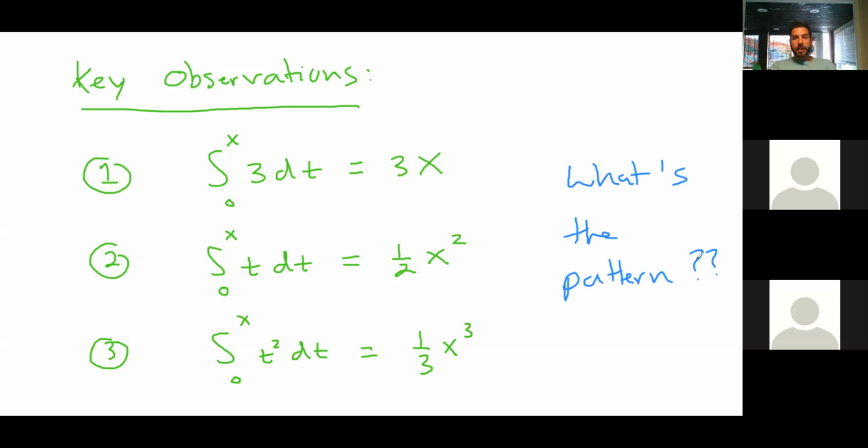Well, if you take the right-hand column, if you take the derivative of 3x, what do you get? You get 3. If you take the derivative of 1/2 x squared, you get x. If you take the derivative of 1/3 x cubed, you get x squared. So what it's really saying, or at least suggesting, is the following.